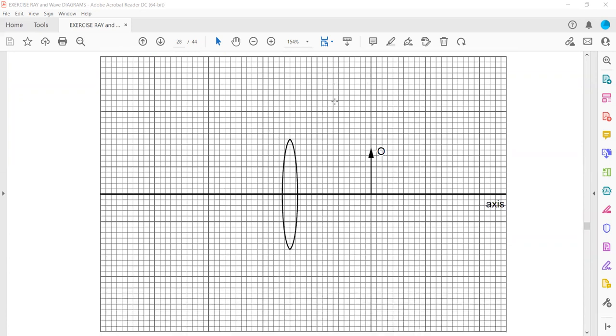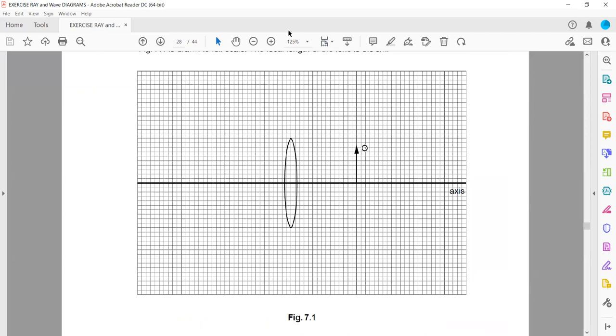Focal length is 5 centimeters. We have to draw. So how to draw an image by this? Using a ruler, you have to measure. For example, if I take 5 centimeters, 5 boxes equal 1 centimeter. So 1, 2, 3, 4, 5. You have to measure this using a ruler.